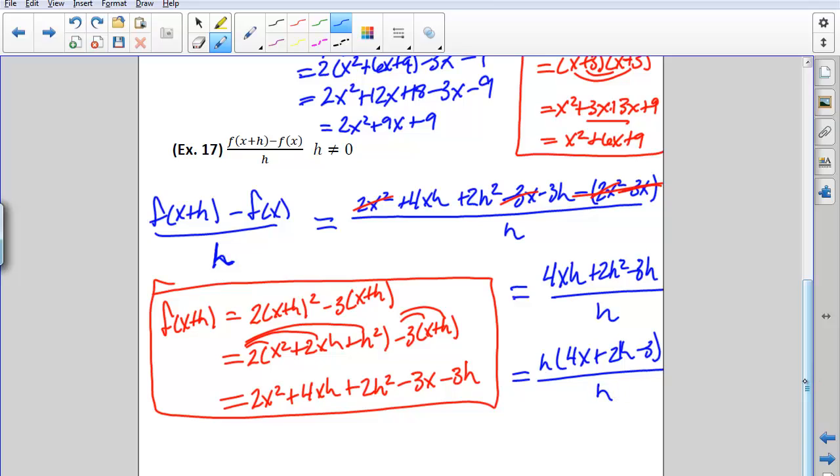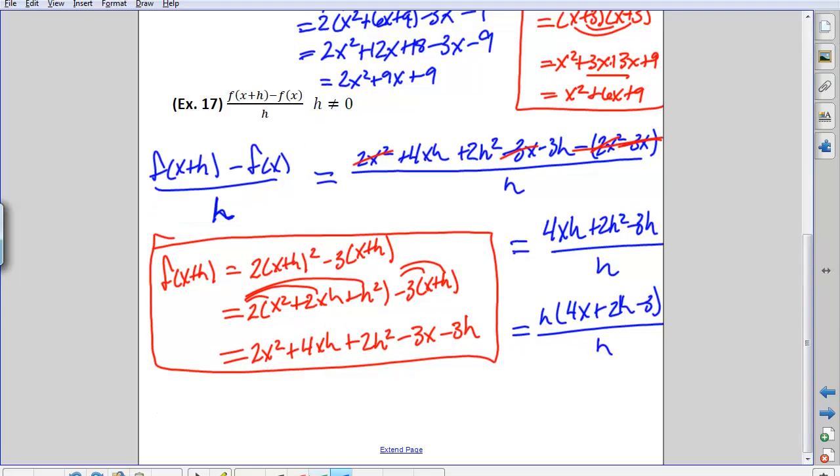Once you factor that out, you get these h's that cancel, numerator and denominator, and you're left with 4x plus 2h minus 3. So that would be your final answer there for example 17.